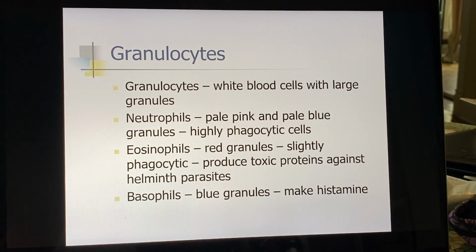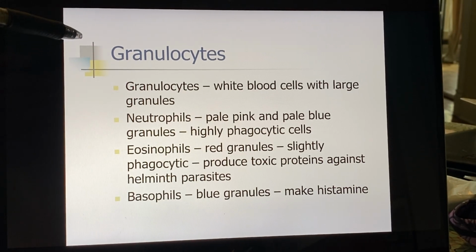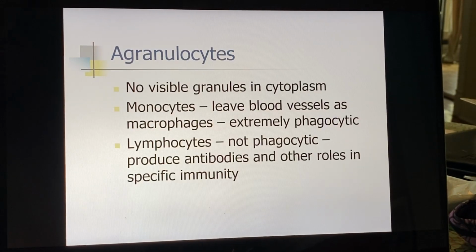There are 2 main categories, and you might want to label these 1 and 2. The first big category is the granulocytes, okay? So maybe label that number 1. And category number 2, which is a couple slides ahead, is referred to as agranulocytes, okay?